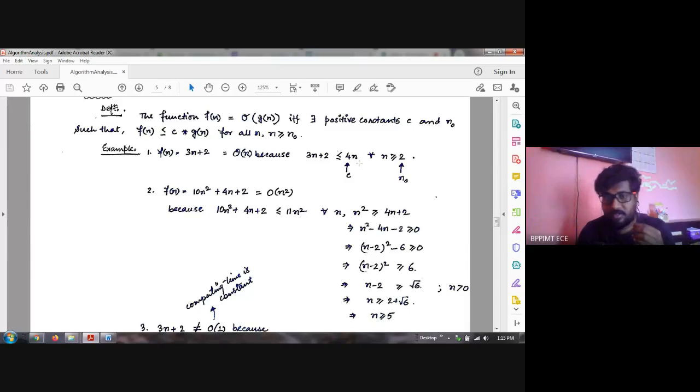Let's proceed to see. Assuming 3n plus 2 is less than or equal to 4n, after simplification we get n greater than or equal to 2. So this condition is not satisfied for n equal to 1, but for n greater than or equal to 2, it is satisfied. So we get a positive constant n0 that is 2, and a positive constant c that is 4. Then we can say that f is order of n.